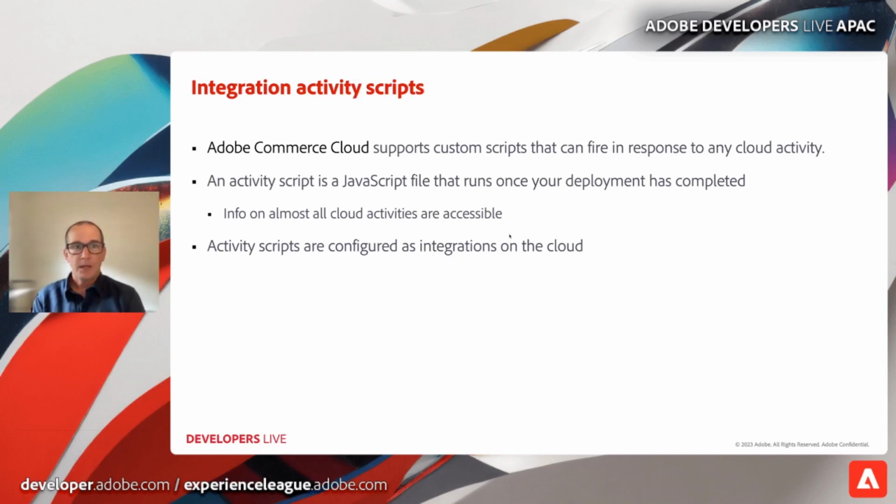So an activity script is just a JavaScript file that runs once your deployment has completed. There's a global variable that holds all of the cloud activity details. So it's very flexible. We can grab a whole lot of information about the cloud and the deployments, which makes this approach very flexible for a number of other use cases as well.